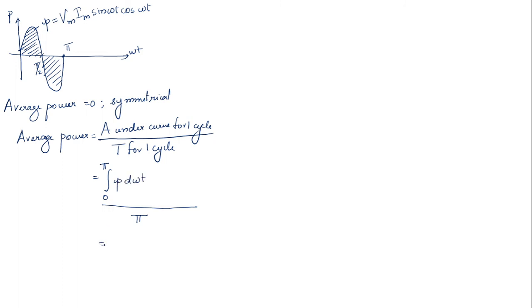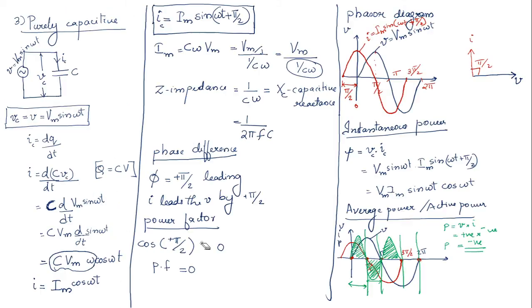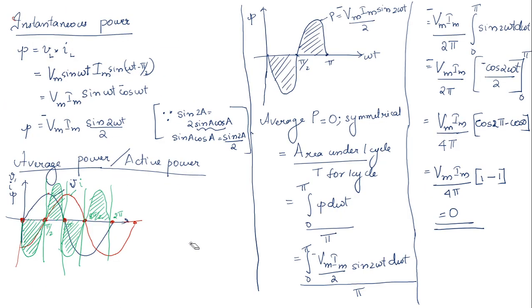Now let's substitute the values here. So 0 to pi, p can be represented as Vm Im sine omega t cos omega t. And this itself I'm going to change. We have already done it in the previous inductive circuit equation.